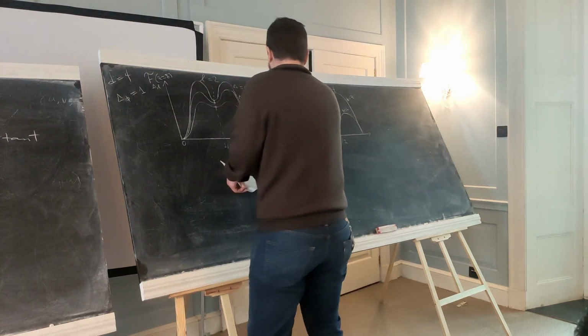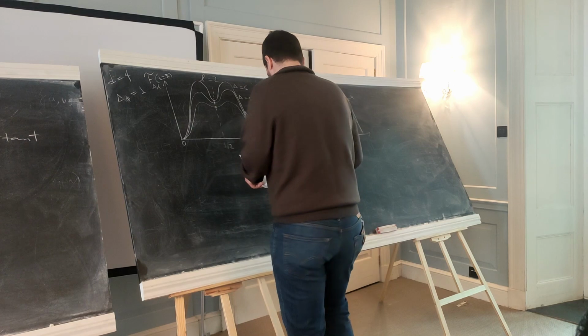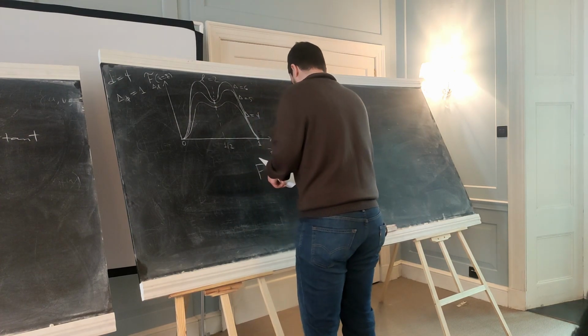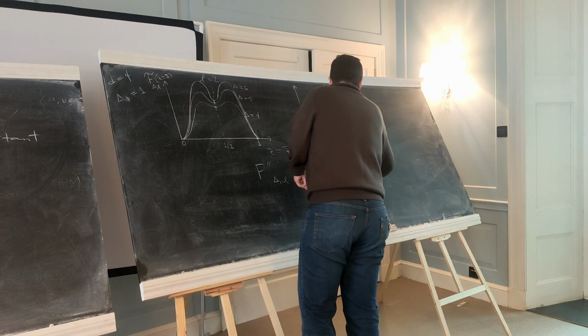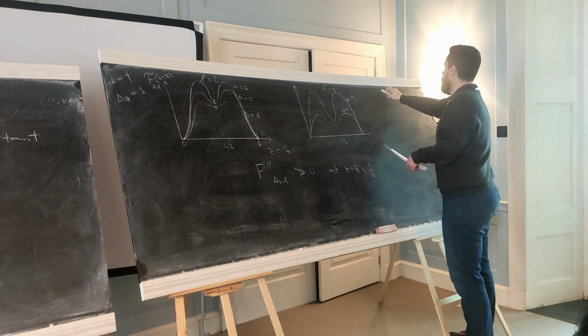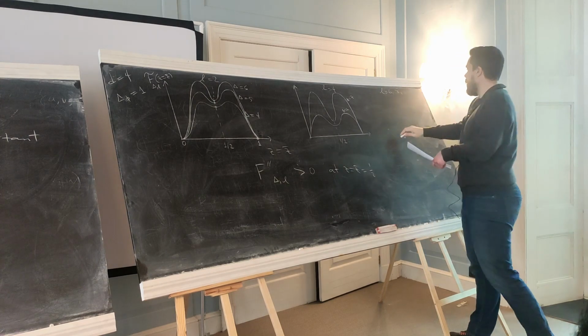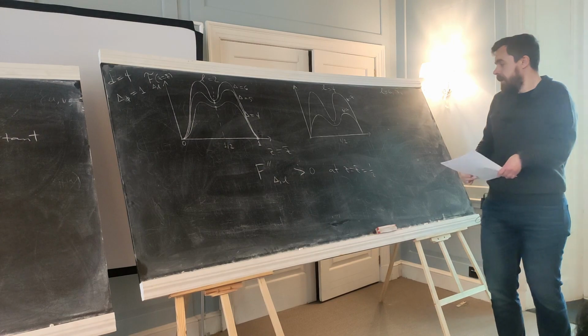So let's write it the same way as before. And you can make plots here for L equals 6, 8, and so on. You can go home and do this, and you'll find that it all behaves the same way.